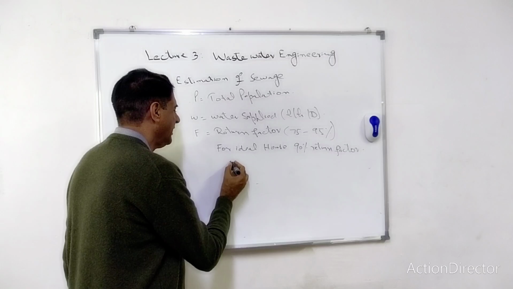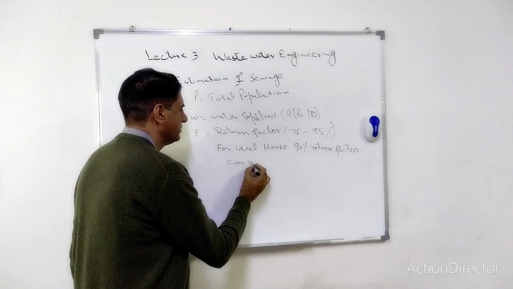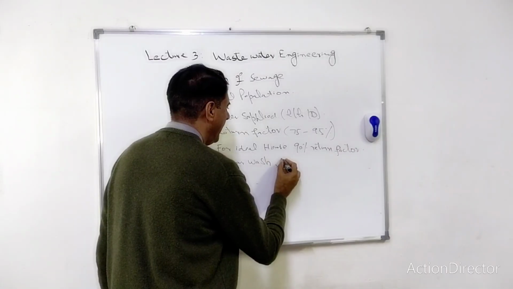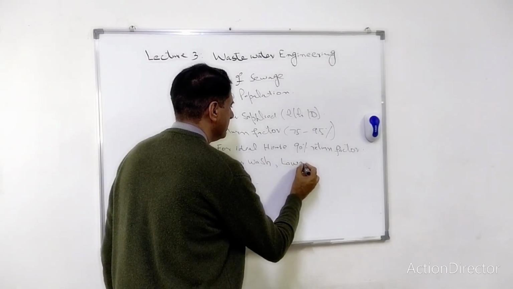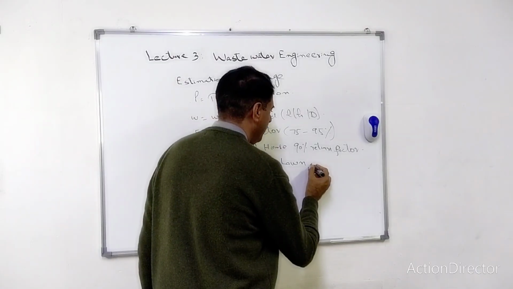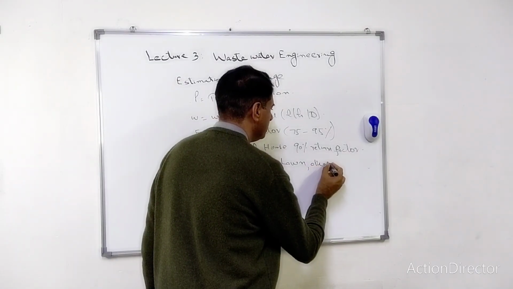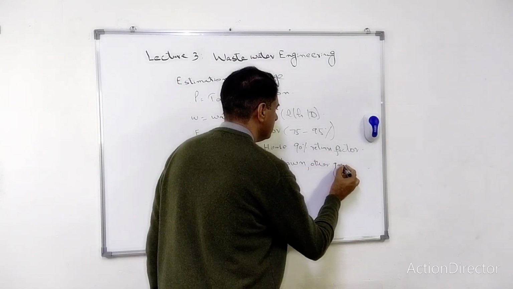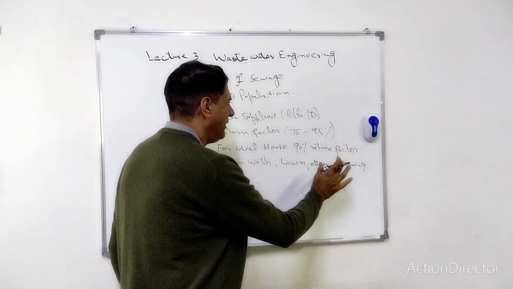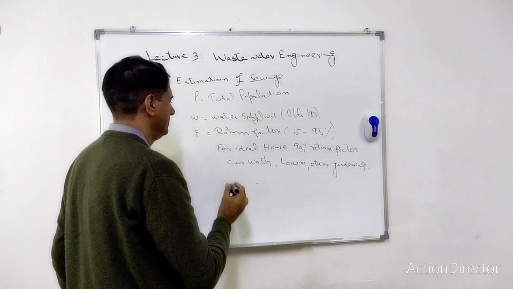Some water may be used for the car wash, some water may be used for the lawn, or other gardening. This water will not return to the system.